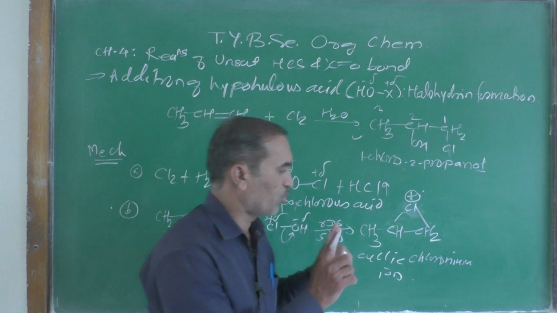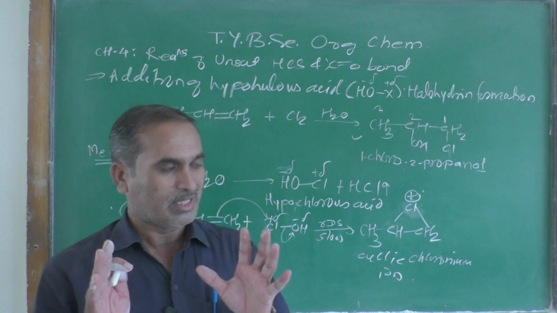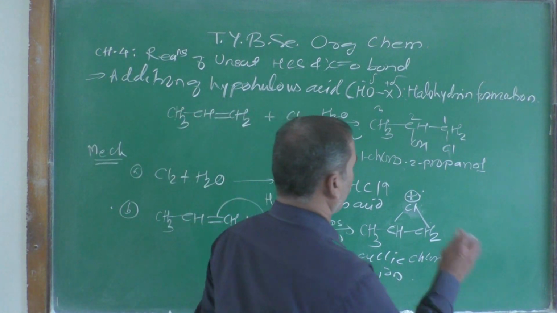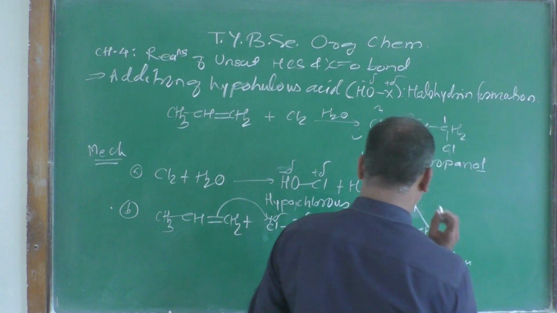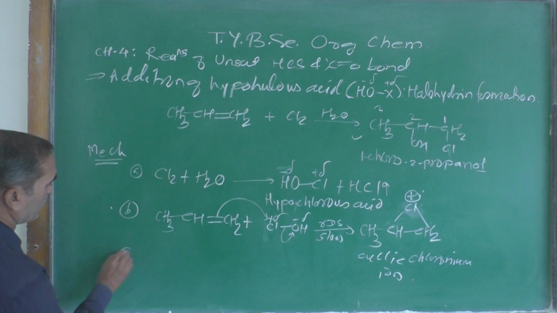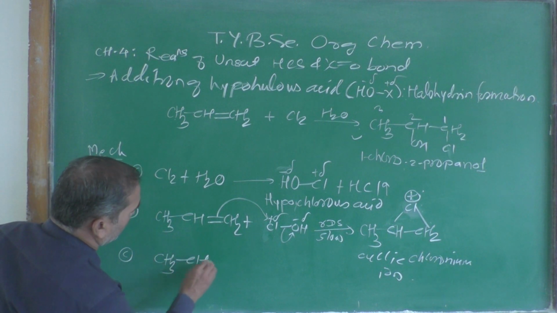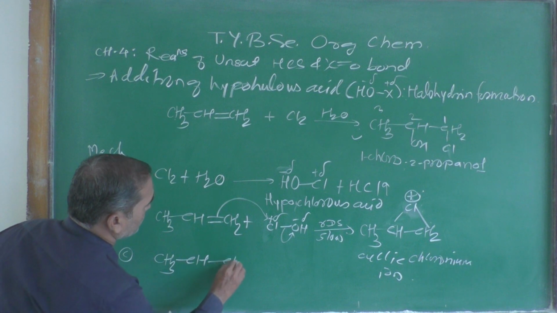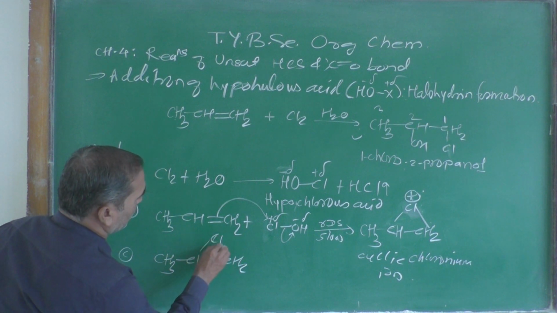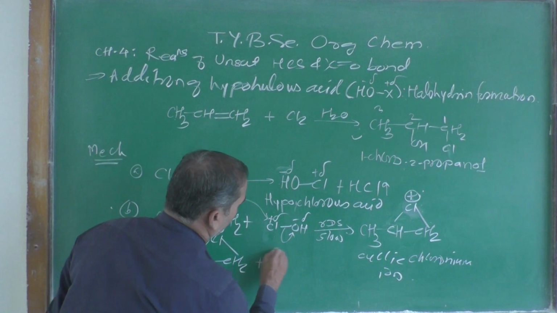That cyclic chloronium ion, the 3-membered ring, is very unstable, and then comes the attack of OH minus. Remember, this is the first step. In the second step, what is happening here? CH3, CH, then CH, CH2, chlorine atom with a positive charge over there, and now OH minus.